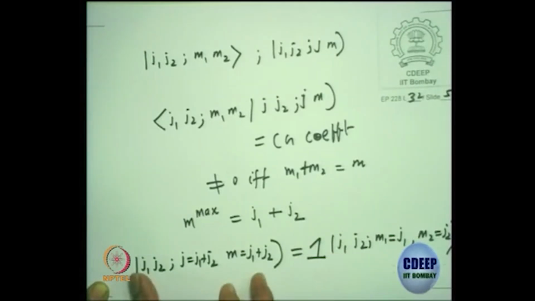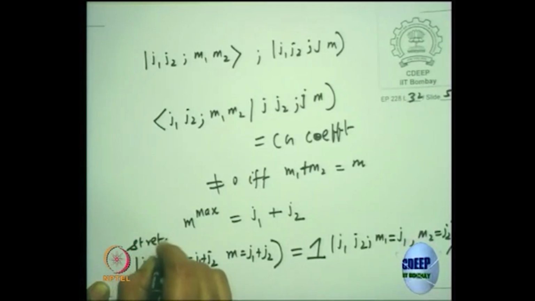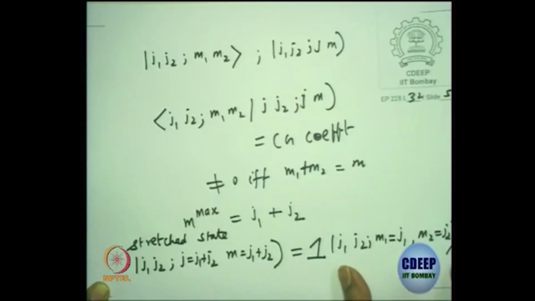This is what we call the stretch state or the maximum state. The stretch state in the uncoupled basis is this and in the coupled basis is this, and we will equate those two states. That is the starting point.